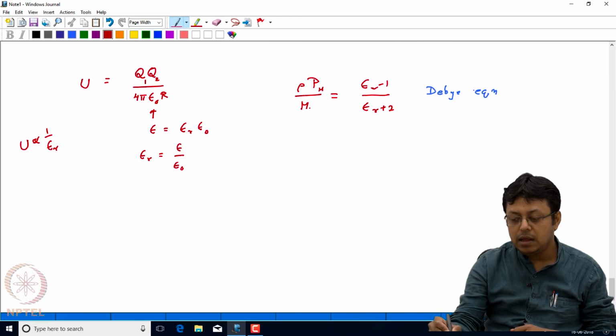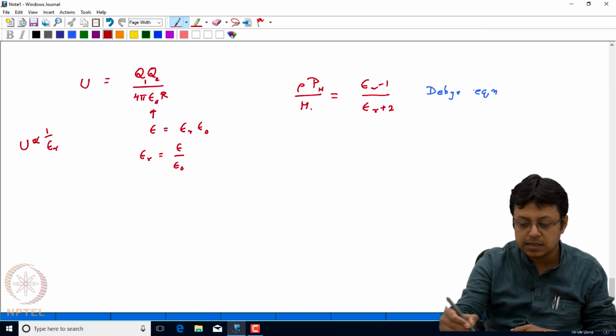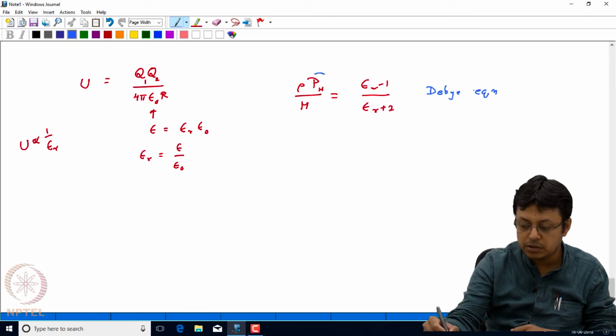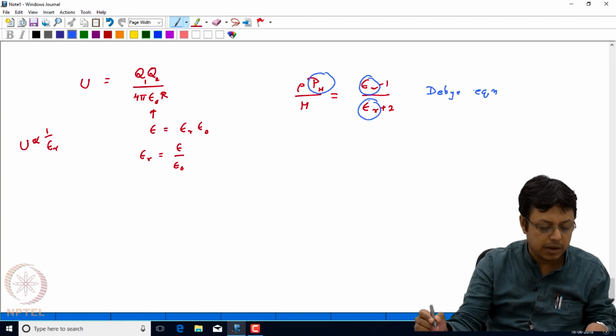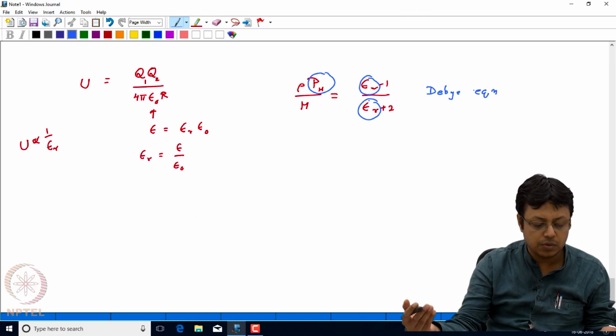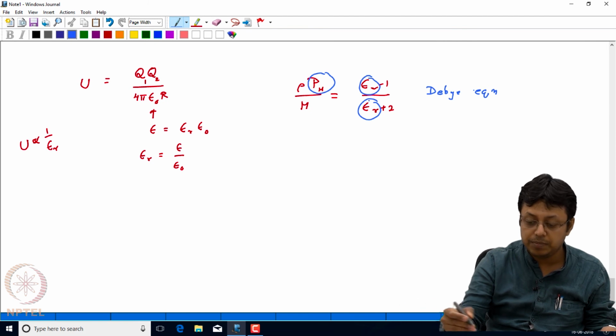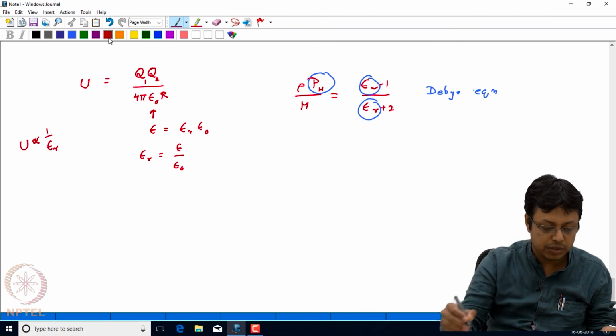And then we have an equation which connects this macroscopic polarization with the relative permittivity, and this is known as the Debye equation. Again we can connect it to the molar polarization, meaning from the epsilon r we can get back to the equation of alpha, and then the equation looks something like this.